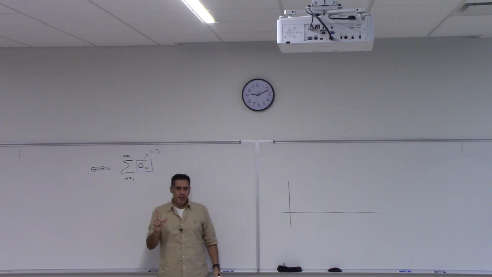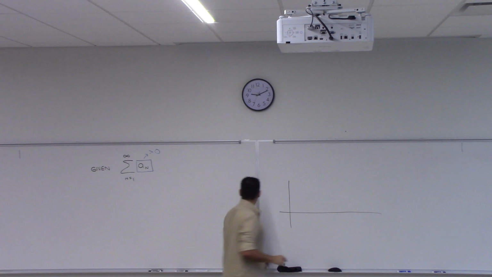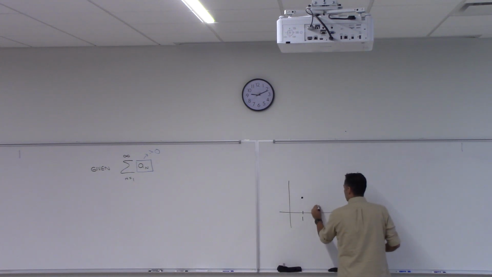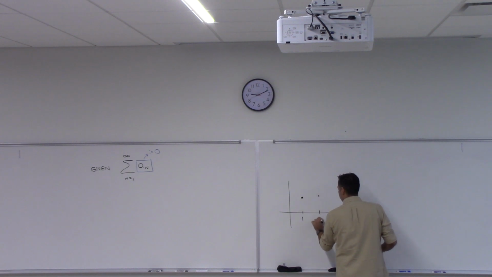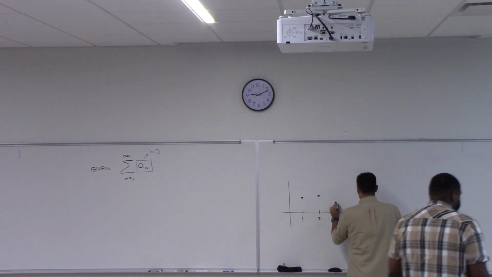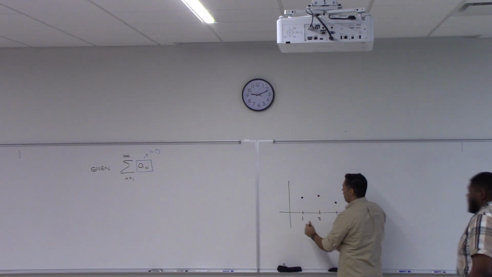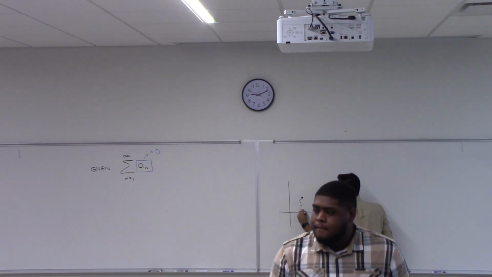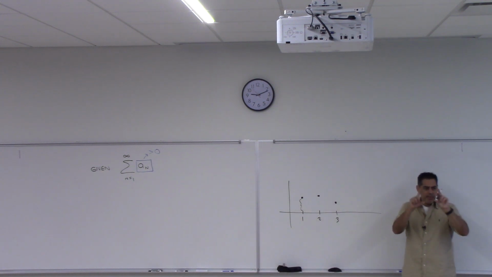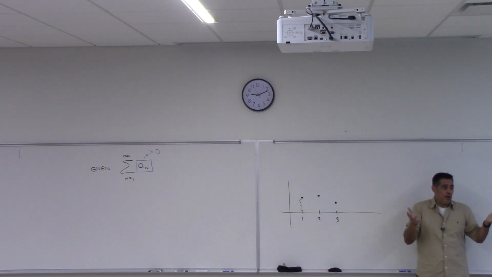What if I told you that when you plug in 1, you get a dot. You plug in 2, you get a dot. You plug in 3, you get another dot. What we're doing when we're adding them up is taking how tall is that, plus how tall is that, plus how tall is that. It's like the lengths of a bunch of little line segments, and we're adding them.